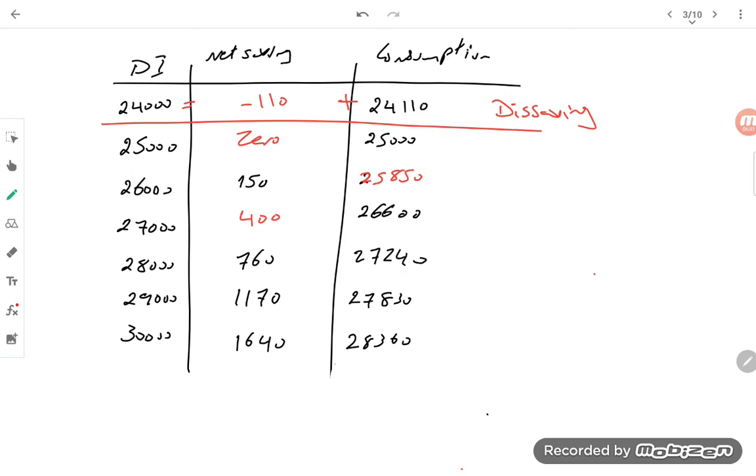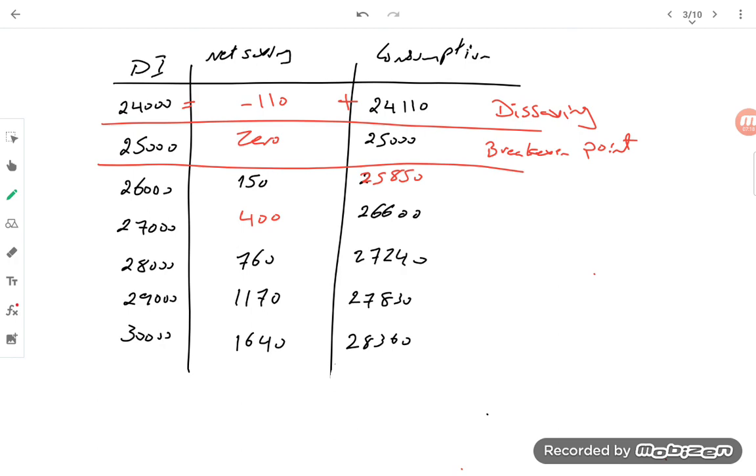Case number two, when your consumption is equivalent to disposable income and there is zero savings, and in this case this is known as the break-even point. Or in other words, there isn't any excess money with you to save.